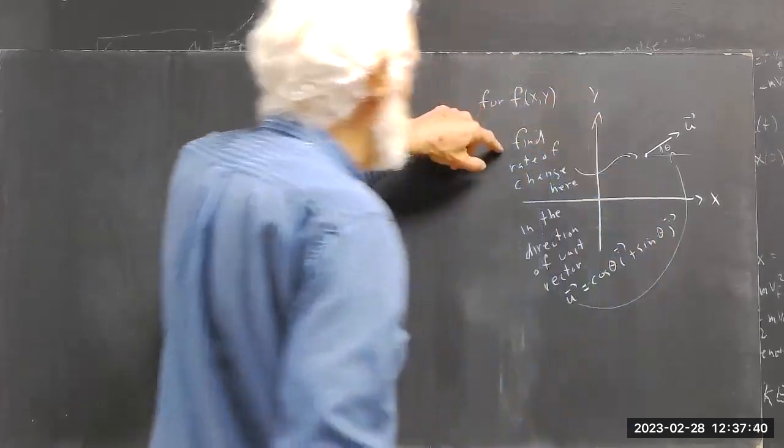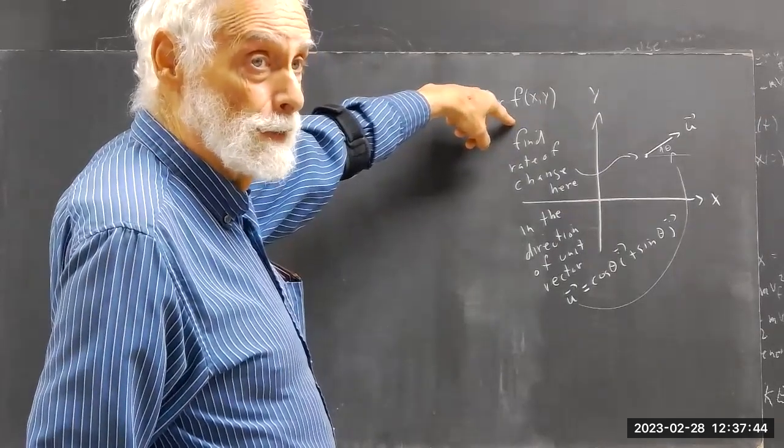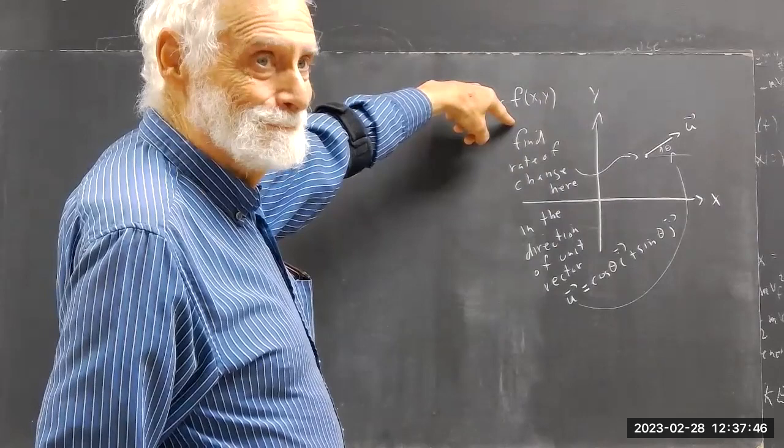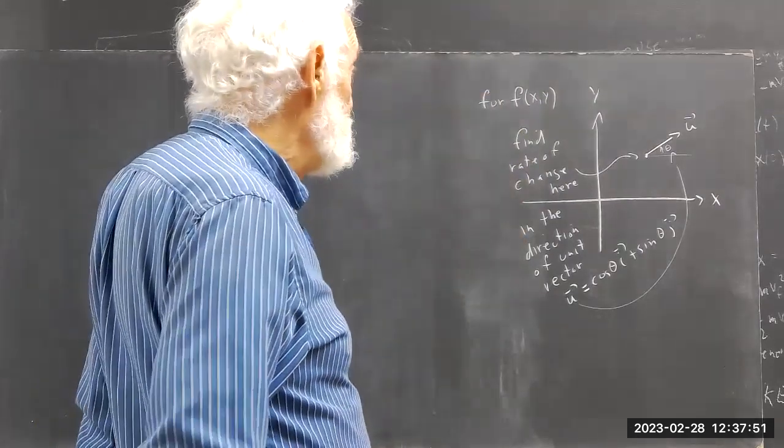To be specific then, we're going to find the rate of change of some function f of x, y, which is implicit, it's understood.